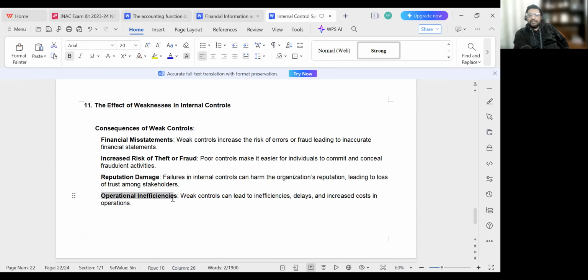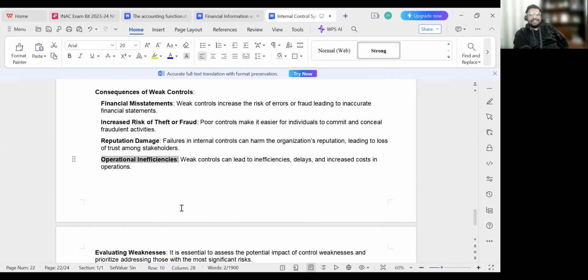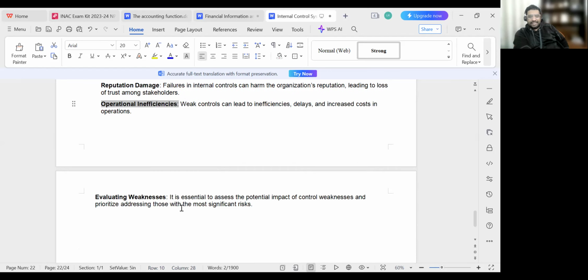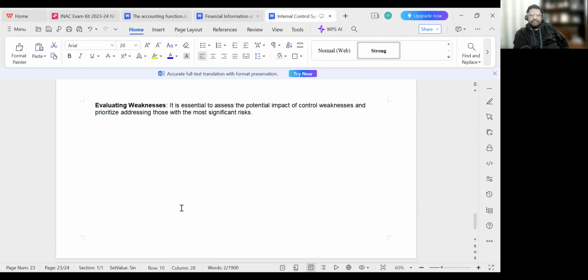And operational inefficiencies, so a weak internal control system would cause delays and inefficiencies as well. And then evaluating weakness, it is essential to assess the potential impact of control weakness and prioritize addressing those with the most significant risks. Okay.